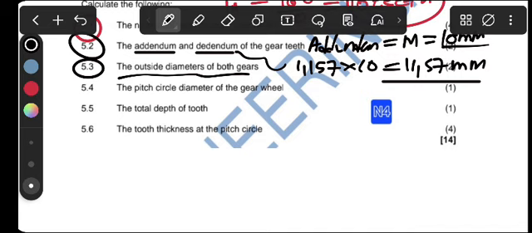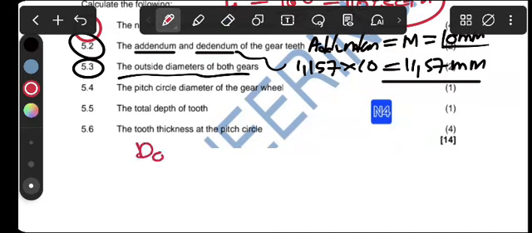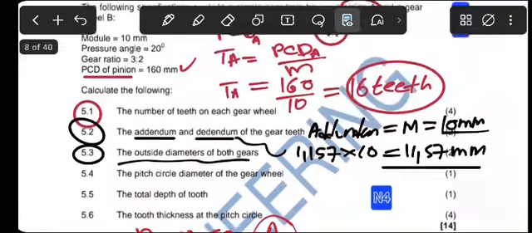The outside diameter of both gears. Let's start with gear A. Let's check: outside diameter of gear A. This is what we are given.